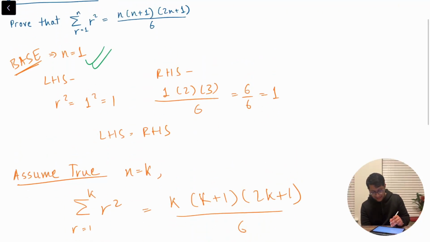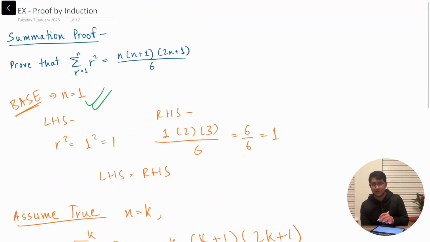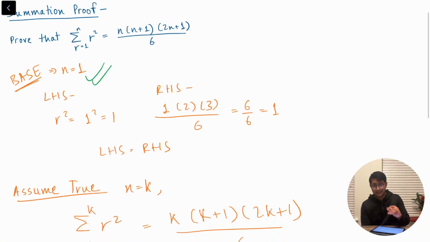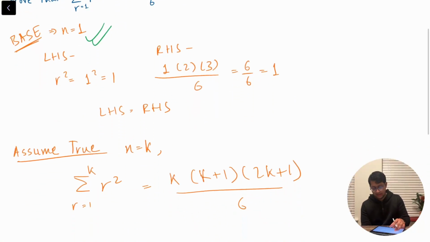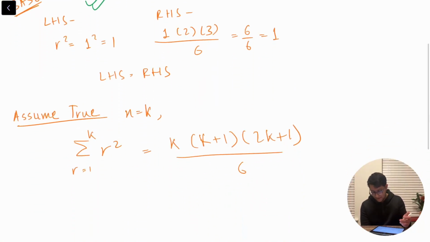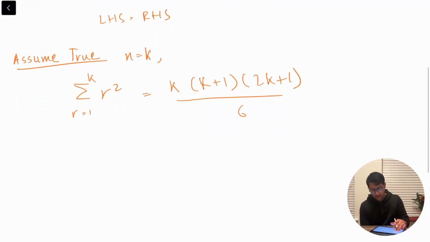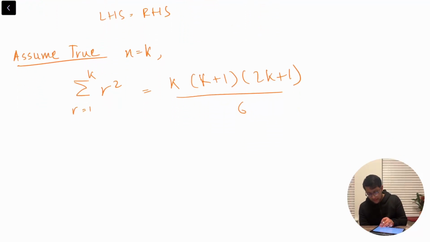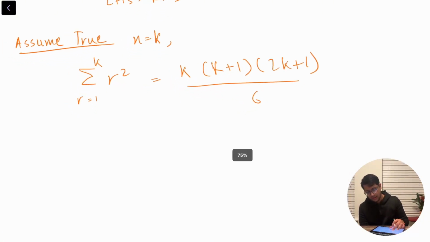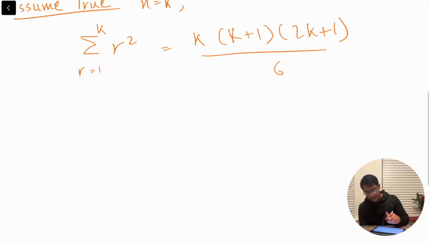Notice how it's the exact same thing, but every time I saw an n, I swapped it out for a k. That's what I mean when I say assume true for n equals k. We're just assuming that the summation of r squared from r equals 1 to k is this. We're assuming this to be straight up true. Now that we have assumed this, let's look at what n equals k plus 1 might be.